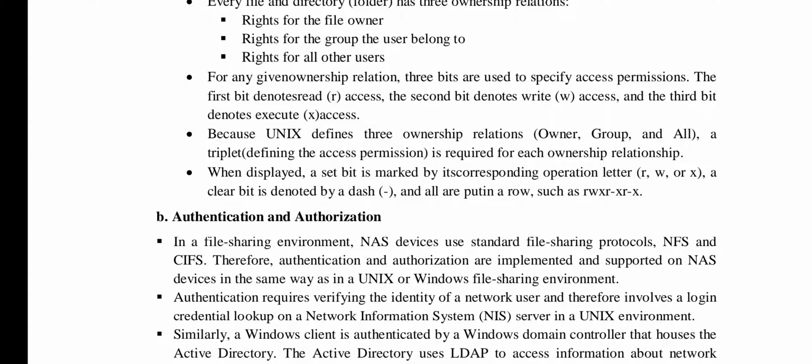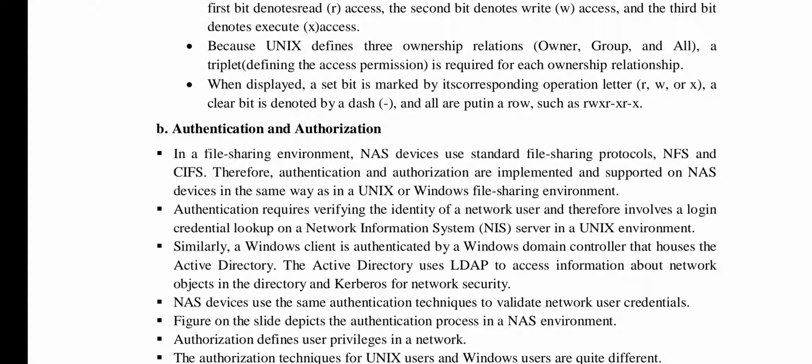It's a triplet. When displayed, a set bit will be marked by its corresponding operation letter, whether read, write or execute, and a clear bit will be denoted by a dash. Put them all together and it will be represented like this.